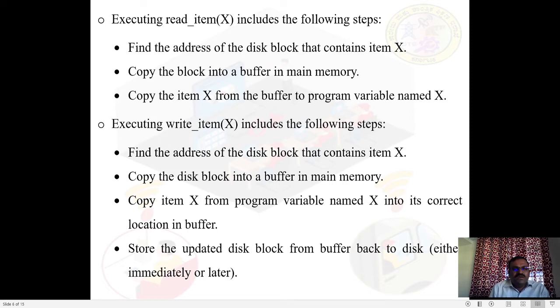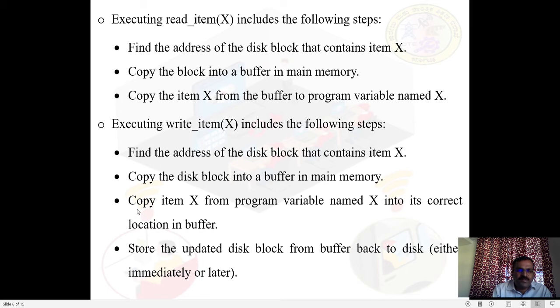Then what are the steps needed to execute write_item(X)? Executing write_item(X) includes the following steps. Find the address of the disk block that contains item X. Next, copy the disk block into a buffer in main memory.